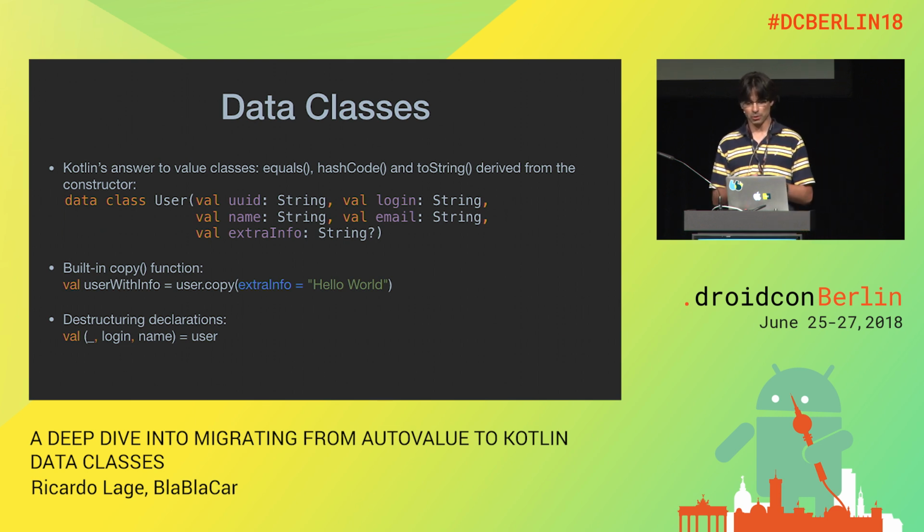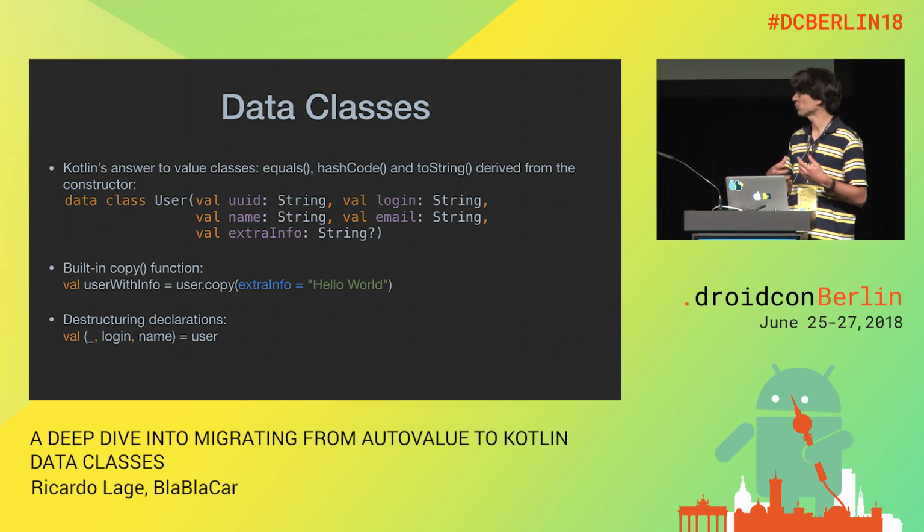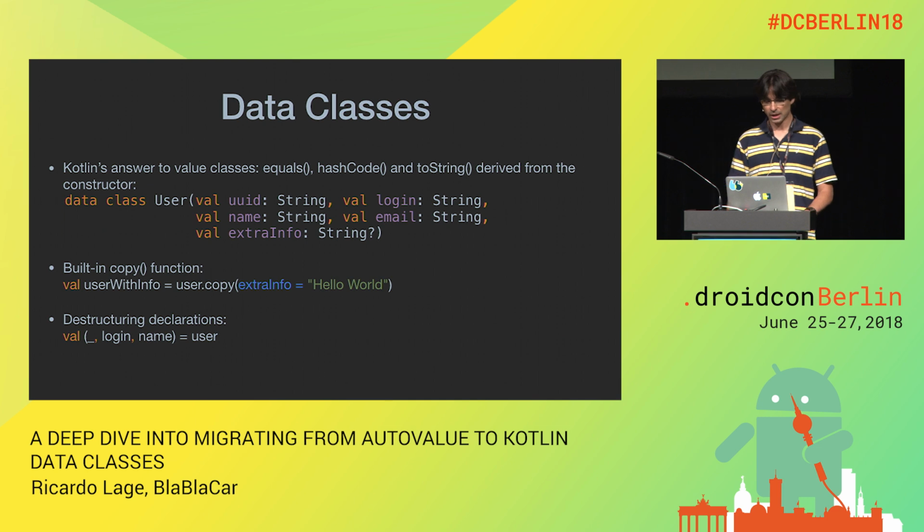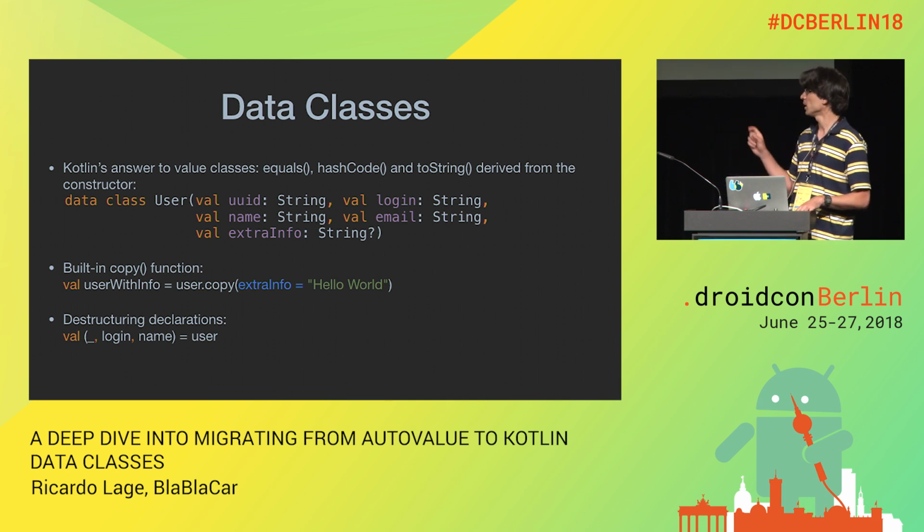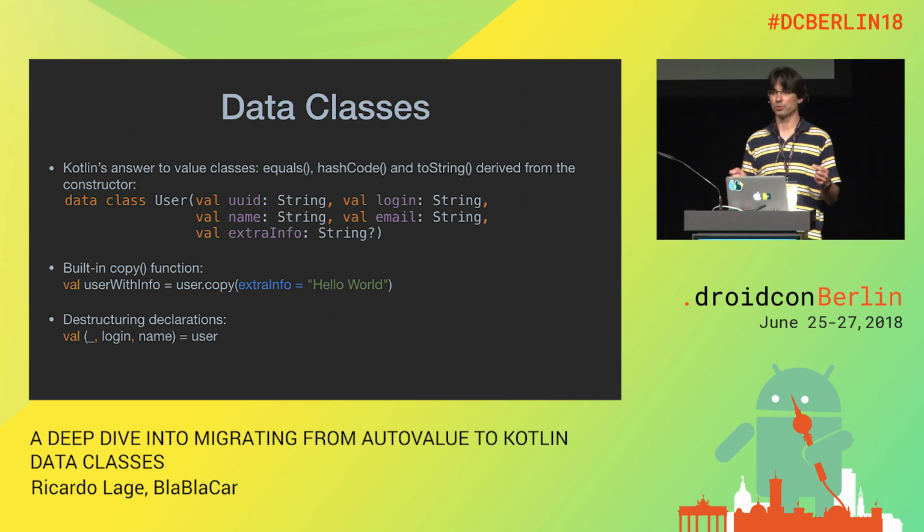For example, copy replaces our with function that we had, and it's more powerful because it's much more flexible in what kinds of contents you can modify. And you also get destructuring declarations, which is this way of assigning your object into different variables straight away, which is quite useful, for example, if you're chaining Rx operators or in lambda declarations in general.